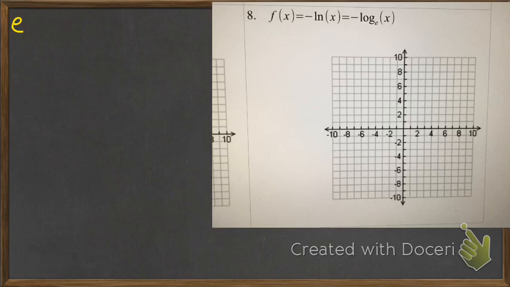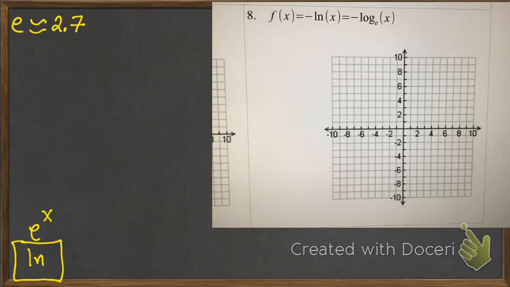E is your Euler's button on your calculator. It's about 2.71, and so you have a button on your calculator that's usually the primary function is ln, and then you have the secondary function or the shift or something for e to the x. So you do have an Euler's button on your calculator. It's named after a mathematician called Euler. He did a lot of stuff with the natural number e.